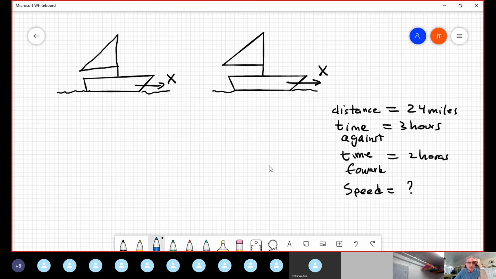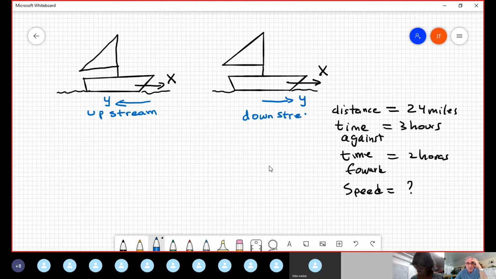So the current is in the opposite direction. I call it Y, and Y represents the velocity of the current. In this case, it's the same direction because it's downstream.